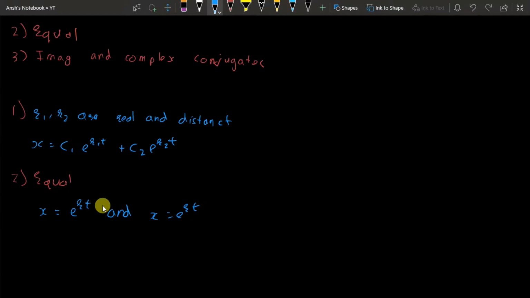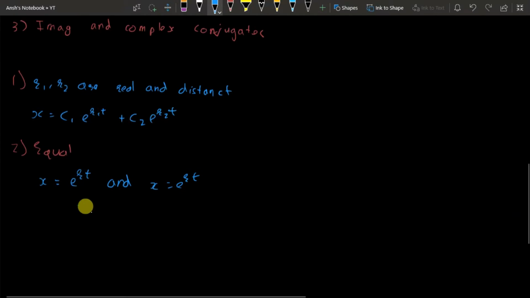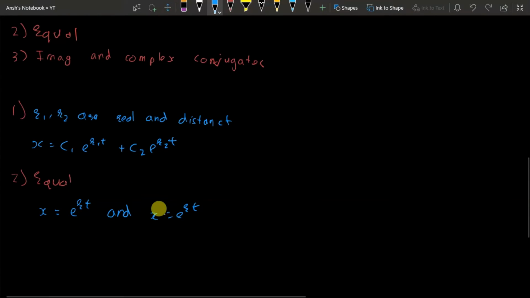So, to solve this differential equation, we need two distinct solutions. We won't go into the proof of this statement, but we do need two distinct solutions, and the other solution we can get is by multiplying the first by a t. So x will be equal to t e raised to rt, and this will be the second solution.